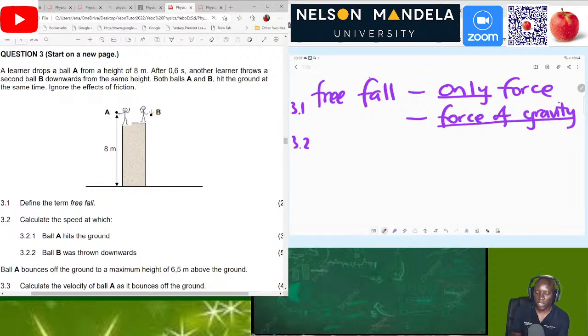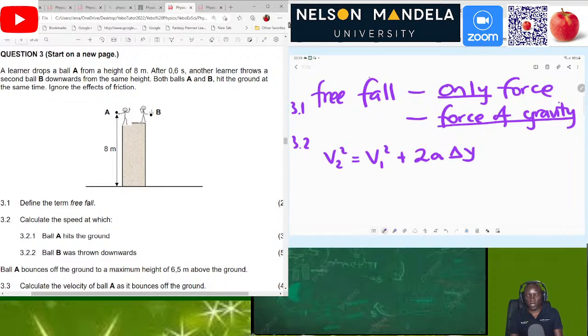So we can use this one: v2 squared equals v1 squared plus 2a delta y. What have we done here? We've chosen our downward direction to be positive.